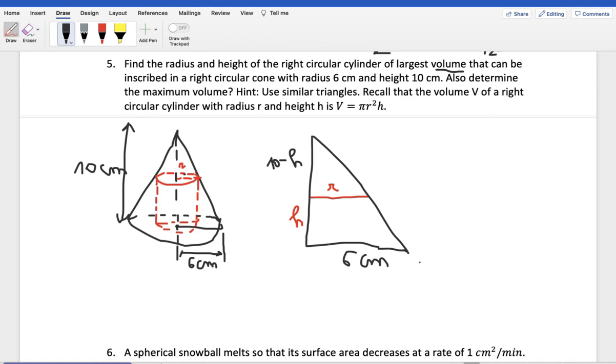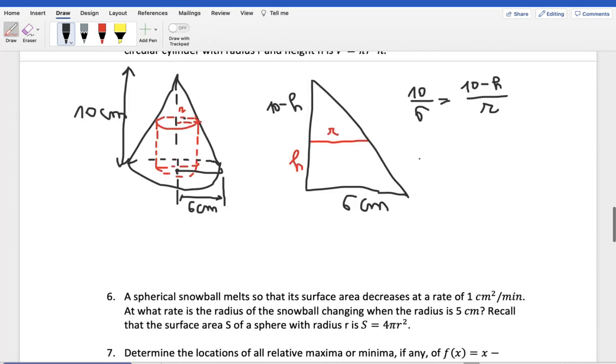And now if you use similar triangles as they told you to do, you have that 10, which is the total height of the cone, divided by 6, which is the radius of the cone, is equal to 10 minus h, which is the height of the top part here, divided by the radius r. That's what similar triangles tell you.